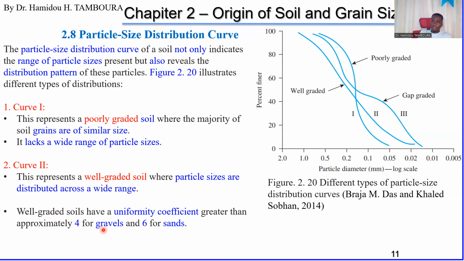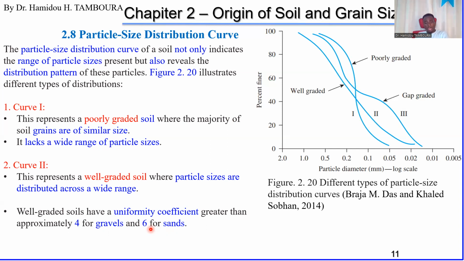And if you are dealing with sand, and that sand has a uniformity coefficient greater than 6, then your sand is a well-graded sand. That is very important, please remember.